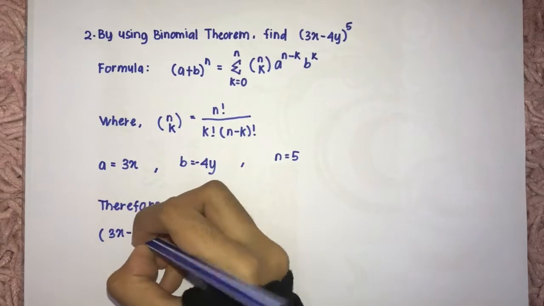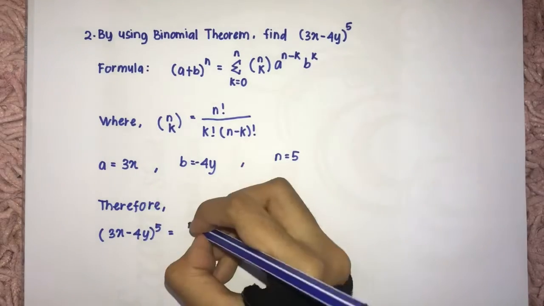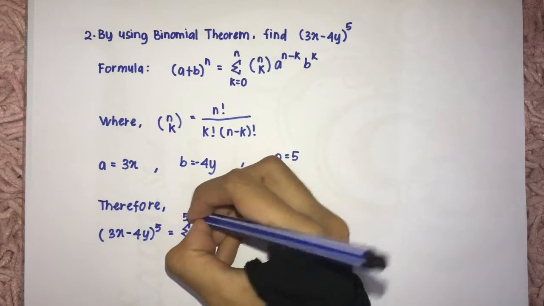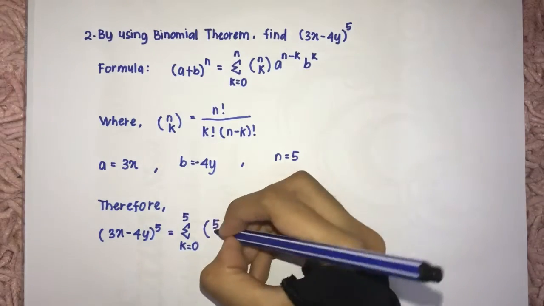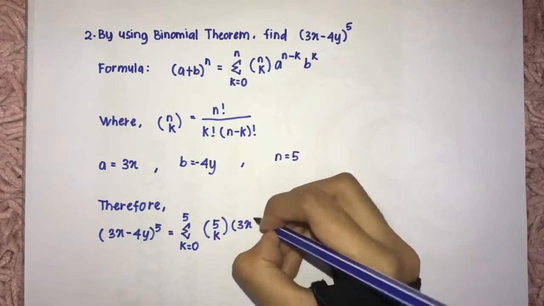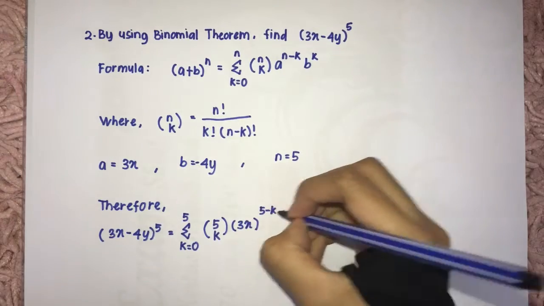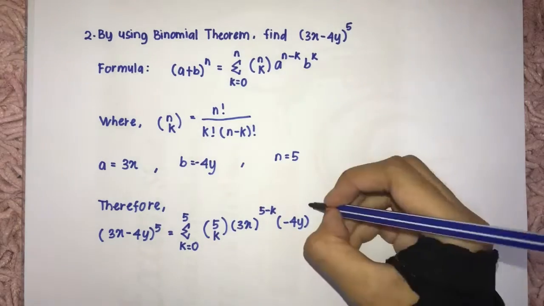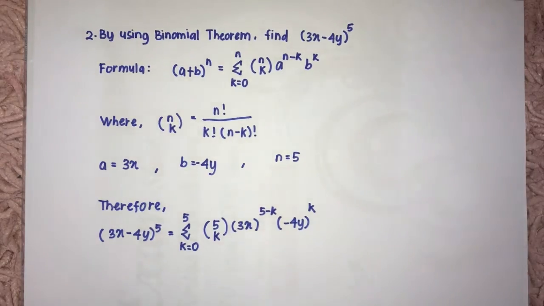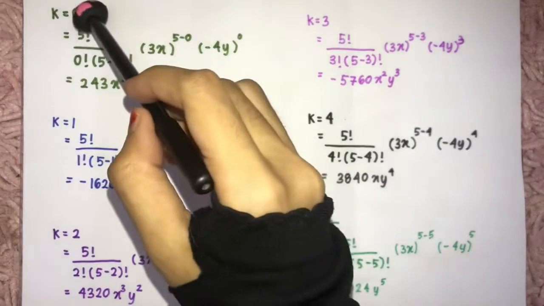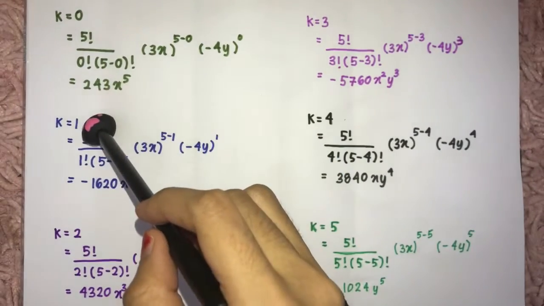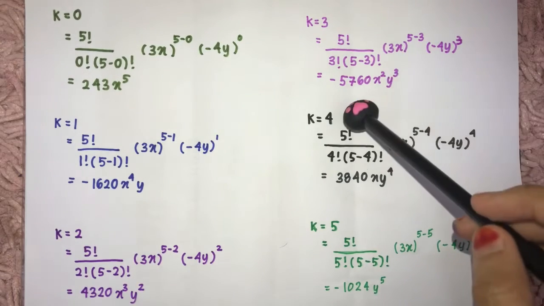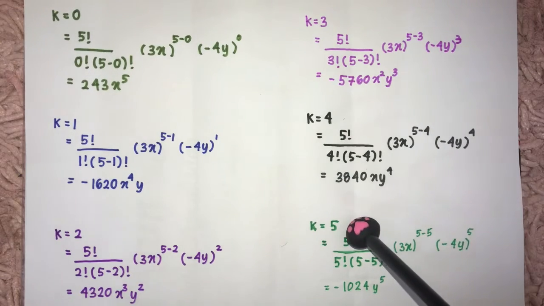Therefore, 3x minus 4y to the power of 5 equal to the sum from k equal to 0 to 5 of 5 choose k times 3x to the power of 5 minus k times negative 4y to the power of k. Then we're going to start at k equal to 0, k equal to 1, k equal to 2, k equal to 3, k equal to 4, and k equal to 5.